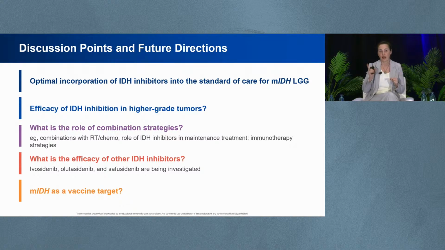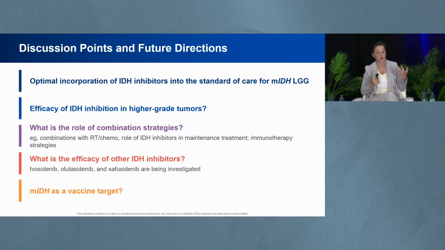And also I will highlight it's not just for adult patients, but also adolescent and young adults, patients older than 12. So how about patients with higher grade tumors? Also, how do we combine vorasidenib and other IDH inhibitors with the standard of care, such as RT chemotherapy, as we discussed, or in maintenance treatment?